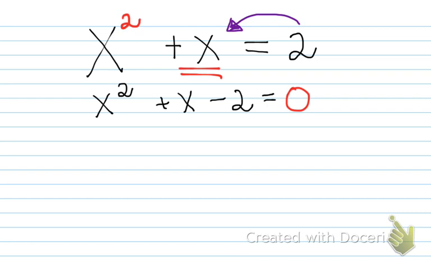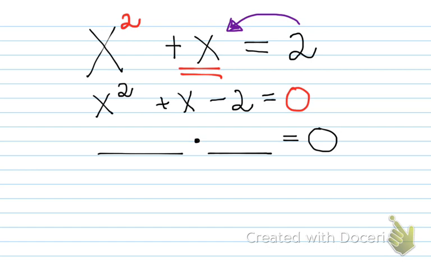Now you're going to draw 2 lines to represent two numbers that must multiply to give us this 0. This problem is actually modeling the area of a rectangle, which equals 2. And we need to move the 2 over and make it equal to 0. So now we have this polynomial that needs to equal 0.